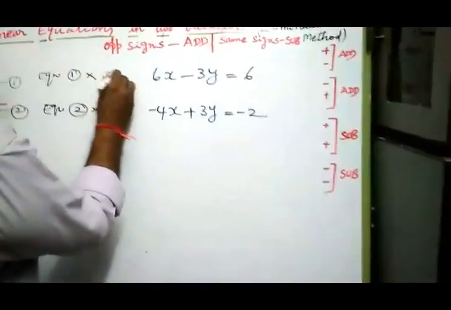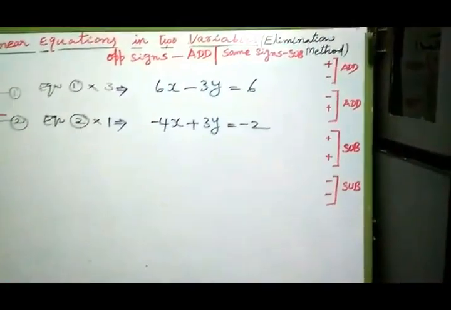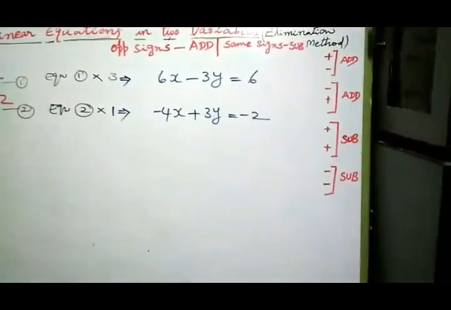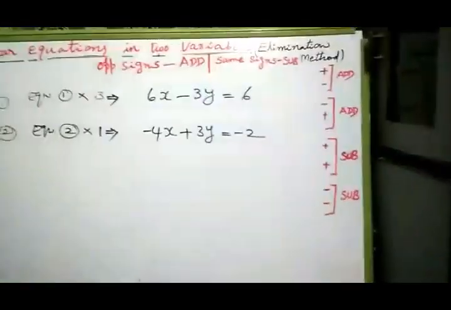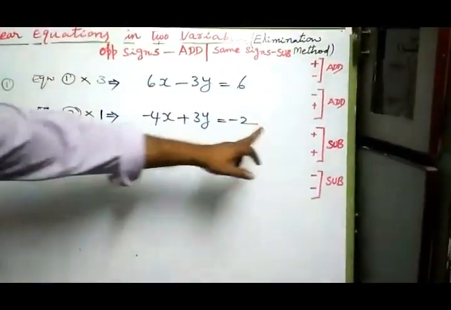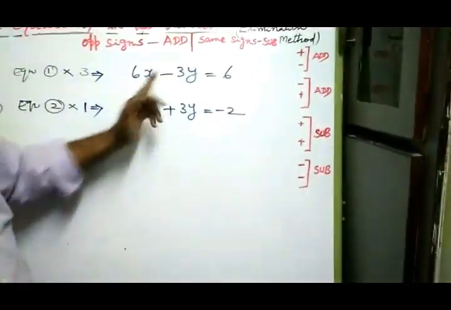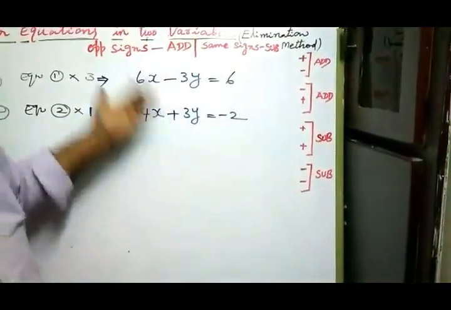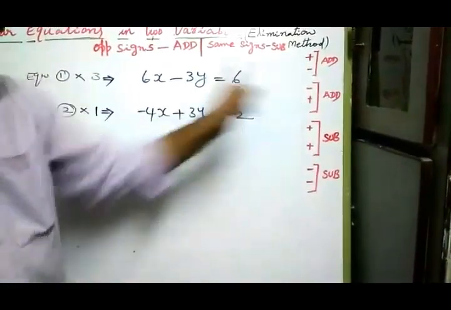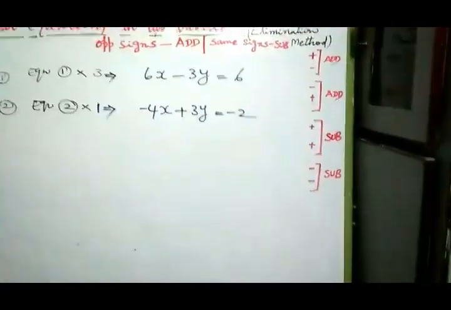Now, here I am going to eliminate y. In the sense here minus 3y plus 3y. If different signs are there, opposite signs, minus and plus, we can add.